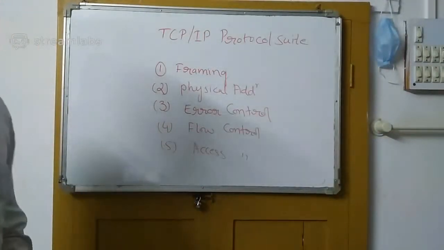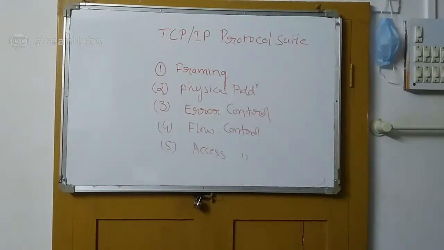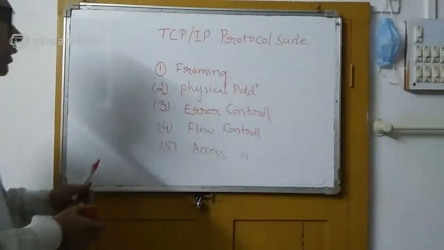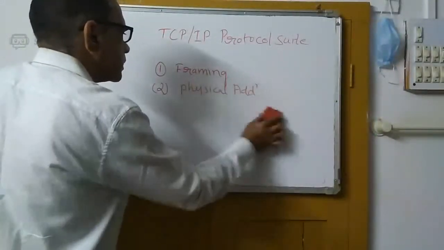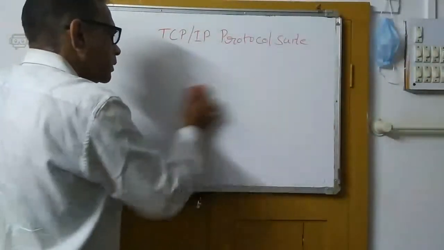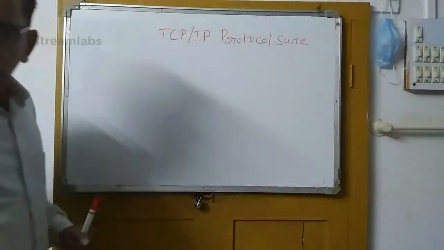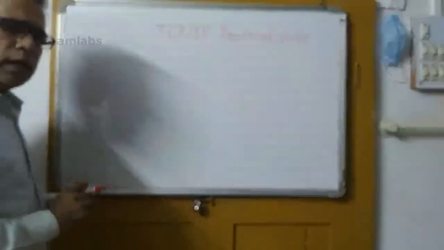Today's discussion will be about the same thing. Some student wanted to know about this link layer again, so I will go through it again. I was talking about the link layer.